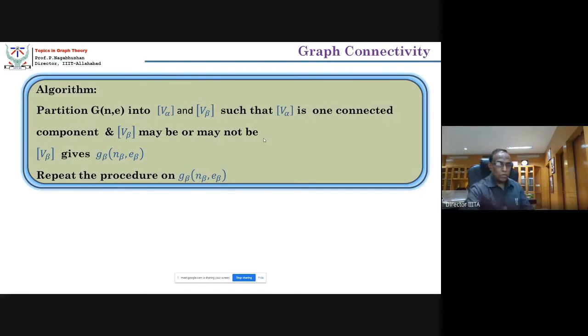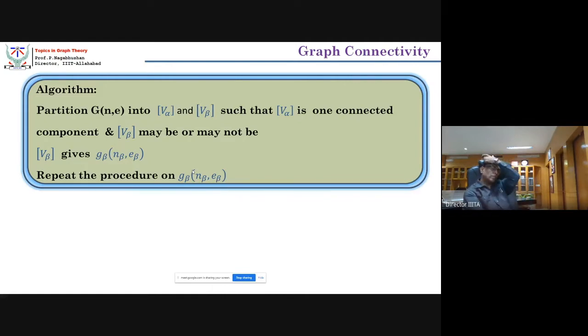Then once you get V beta, it gives G beta, and repeat the same procedure upon G beta till you get all partitions. So the question is how to get these vertices. You may use backtracking or you may use branch and bound, but remember the starting point is the matrix, either A matrix or X matrix.